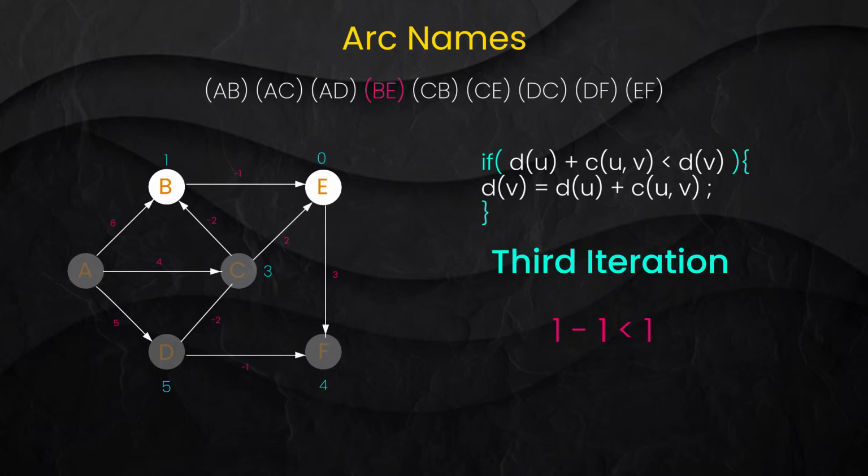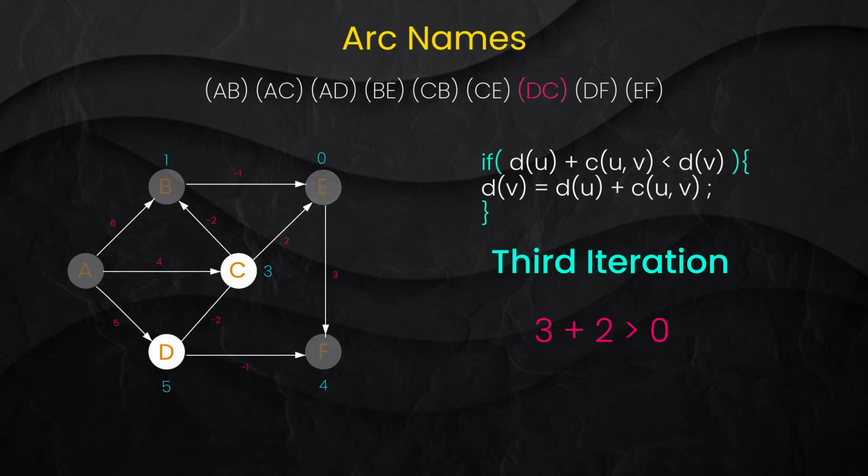Now CB. The distance of C is 3. So 3 minus 2, that is 1. You will not update. It is not changed. CE. CE is 3 plus 2, that is 5, which is greater than 0, so you will not update.